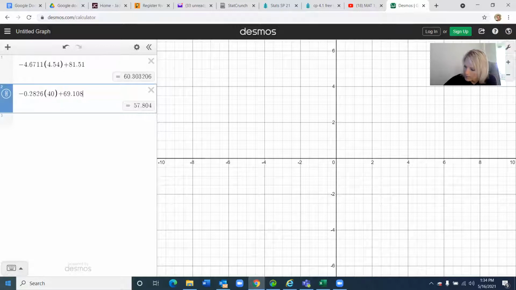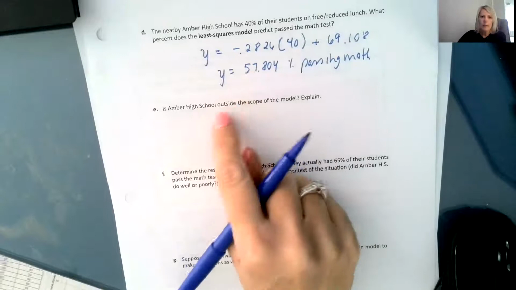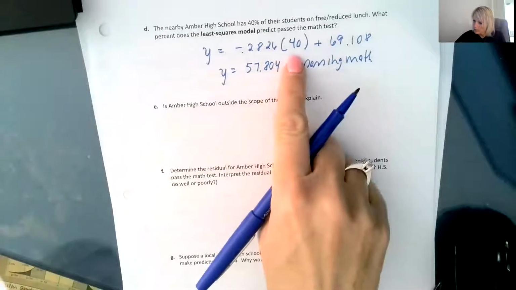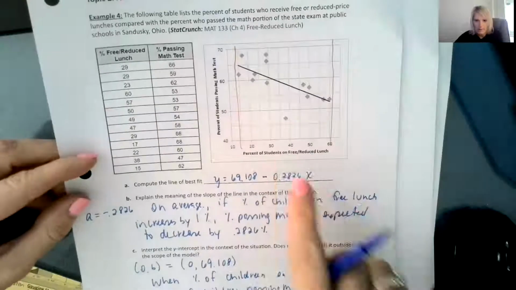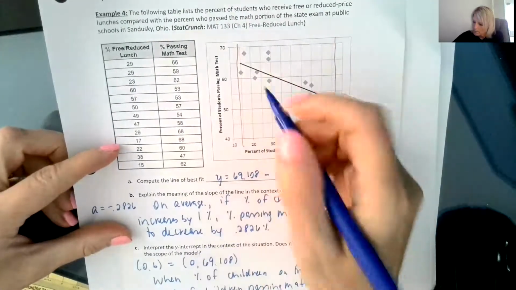That's what we're predicting from the least squares regression line. And let's go back and write that down. So that's what we predicted. It says, is Amber High School outside the scope of the data? Well, Amber High School at 40% on free lunch is inside the scope, right? This is all inside scope.